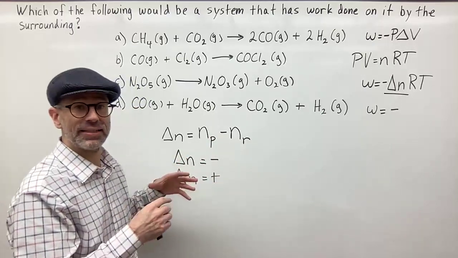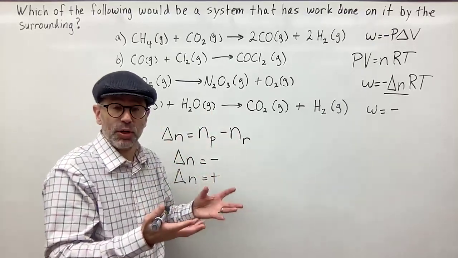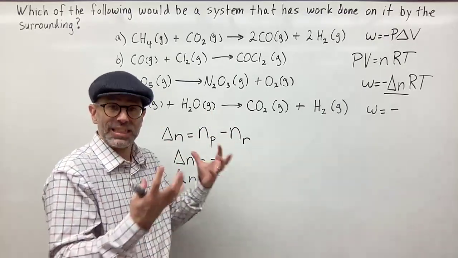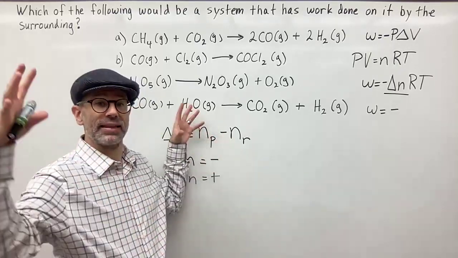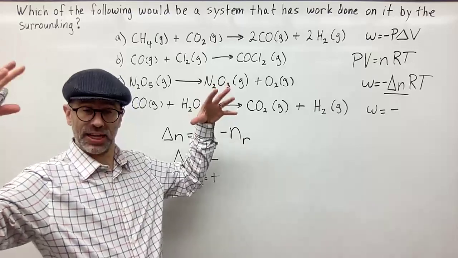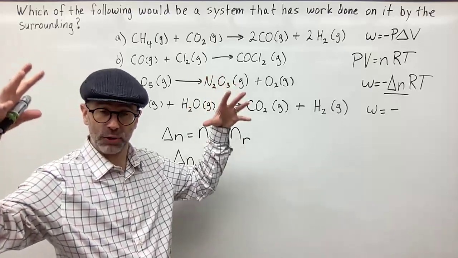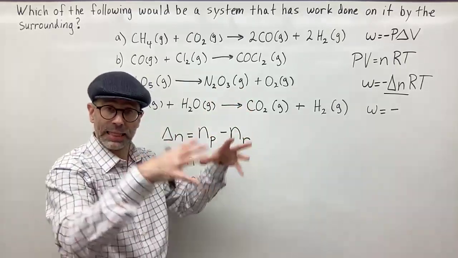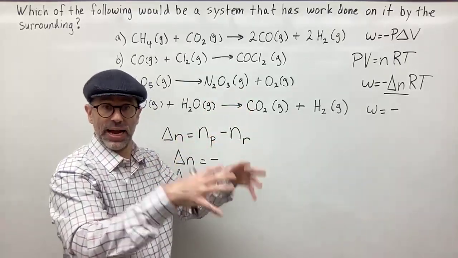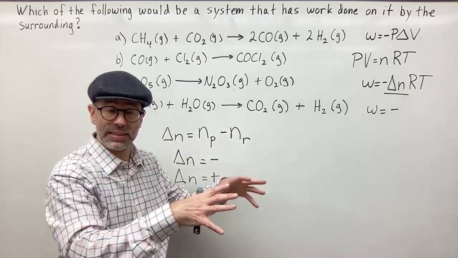If I have a container that's flexible, less particles means less pressure, which means that the volume is going to shrink, meaning that the outside pressure, the surroundings, is squeezing and doing work on the reaction vessel. So it's doing work on the system.